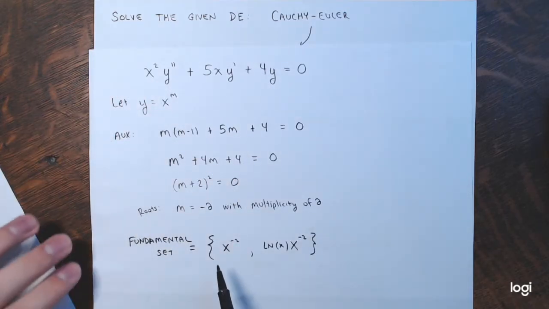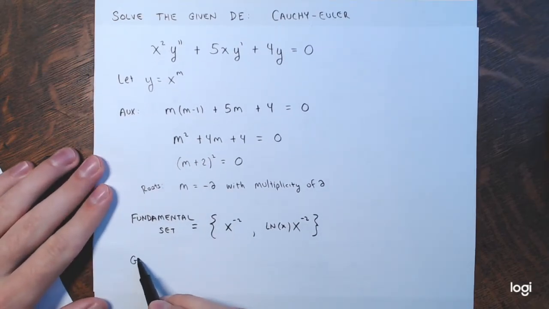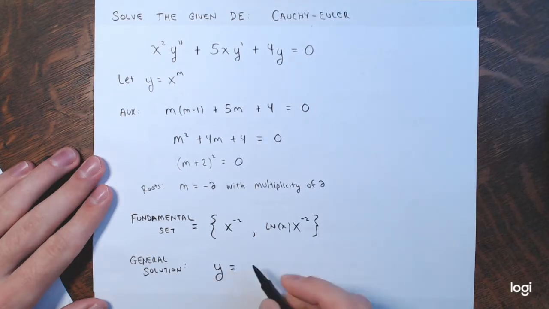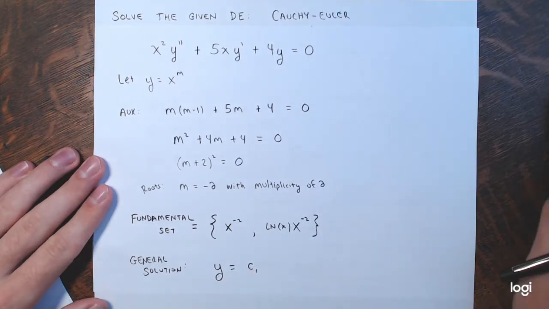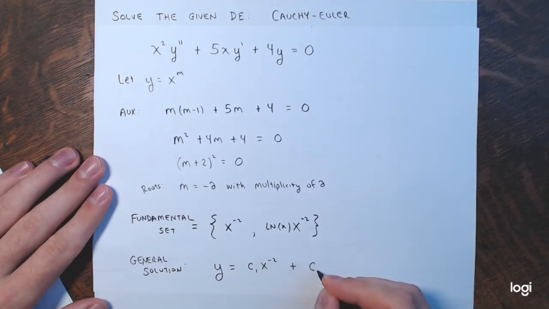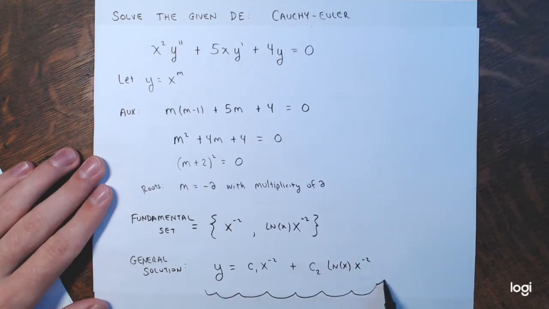And then any linear combination of these would form the general solution. So the general solution of this equation is y equals some constant c1 times x to the negative second plus some other constant c2 times the natural log of x times x to the negative second, where c1 and c2 are any constant.